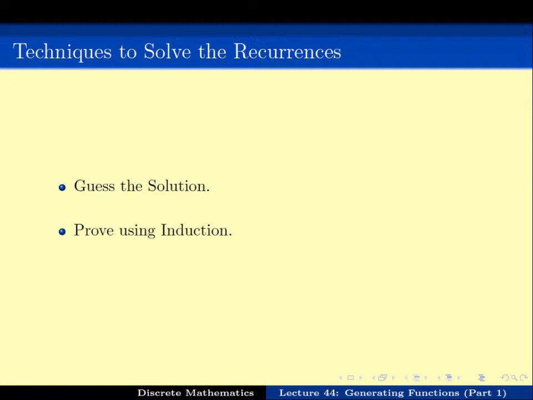Now this technique works perfectly if you can guess the solution correctly. Once you guess the solution correctly, proving it by induction is quite a simple step. But sometimes the question is, how do you guess the solution?